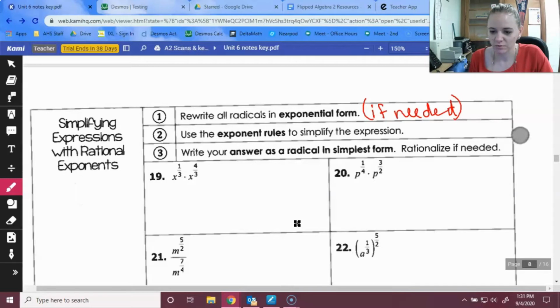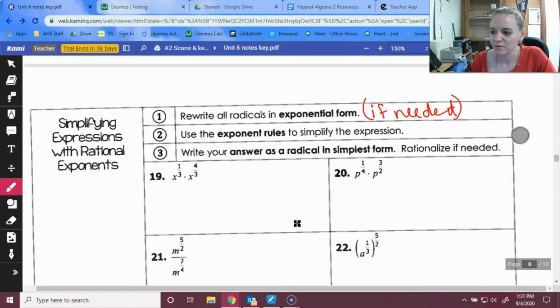Use your exponent rules to simplify, and then write the answer as a radical in simplest form. Okay, so let's start with this one. In this case, we do not have to write this in exponential form because it's already written in exponential form. And we are trying to get this into radical form.